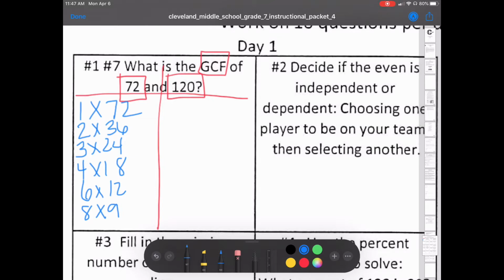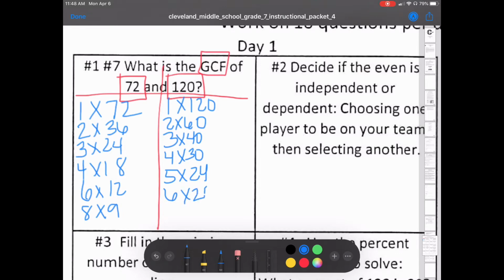I'm going to repeat the same thing with 120. Now, since this is a bigger number, usually means that you're going to have more factors, and that is true. We do have a bigger list this time. So stay with me. I'm going to make my list. I've got 1 times 120, 2 times 60, 3 times 40, 4 times 30, 5 times 24, 6 times 20, 8 times 15, and 10 times 12.